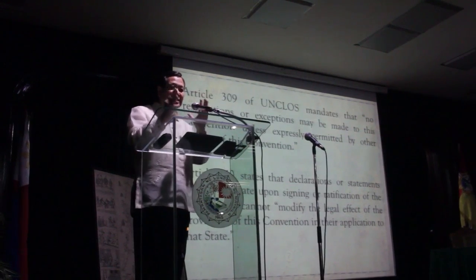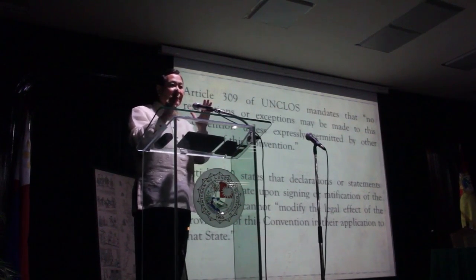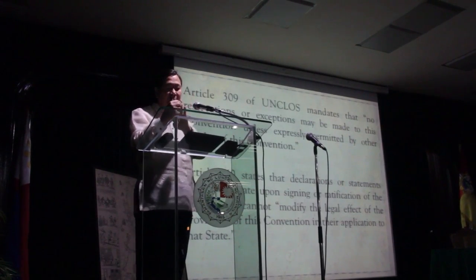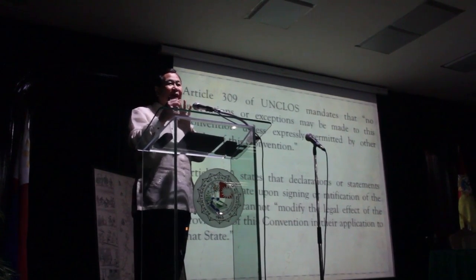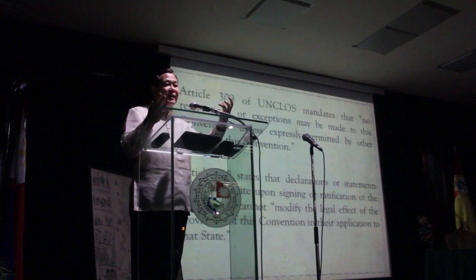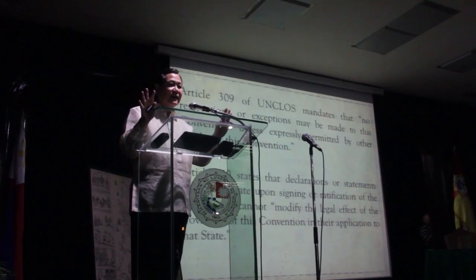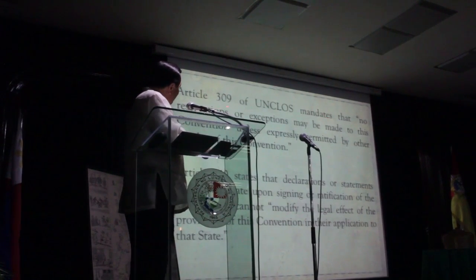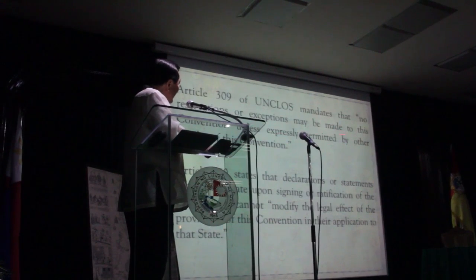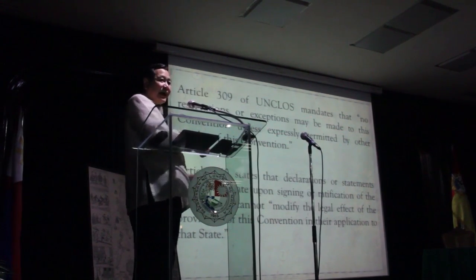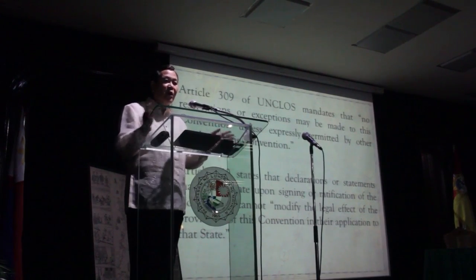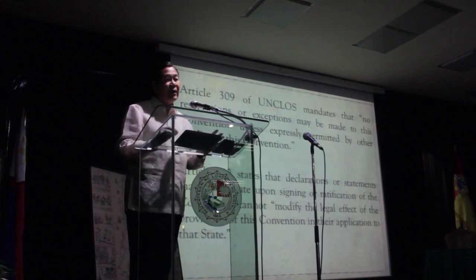Article 298 expressly allows reservation with respect to overlapping territorial sea, overlapping EEZ, or overlapping continental shelf. It does not say overlapping sui generis waters with EEZ waters. None. So under 309, you cannot make any reservation or exception unless expressly permitted. And what is expressly permitted are only overlapping territorial sea, overlapping EEZ, and overlapping continental shelf.